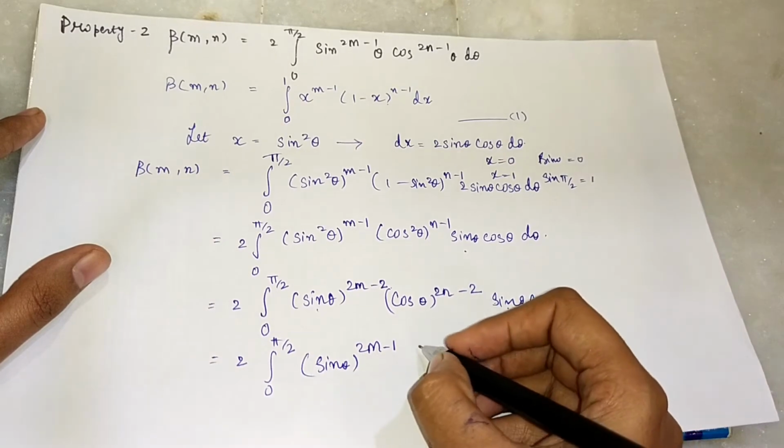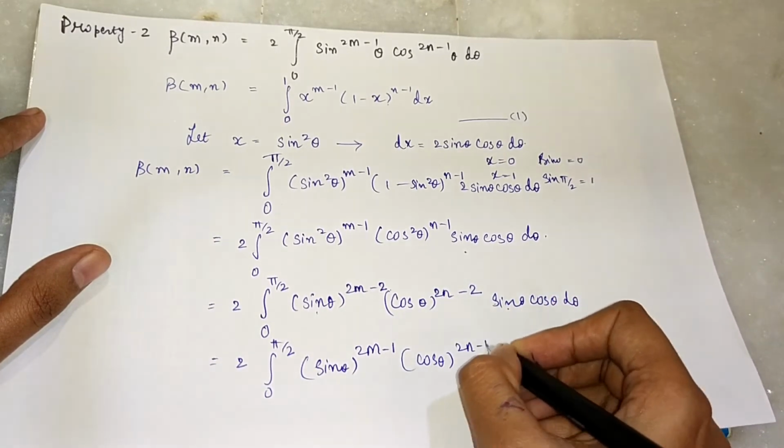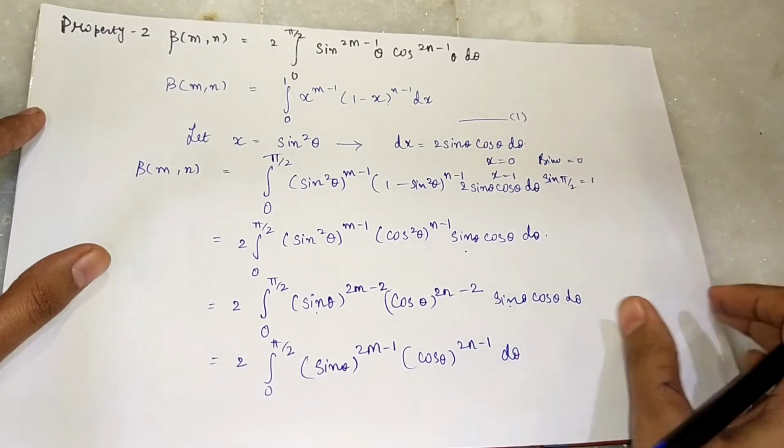So here also cos theta raised to 2n minus 1 d theta.